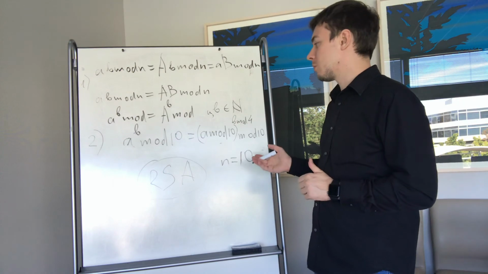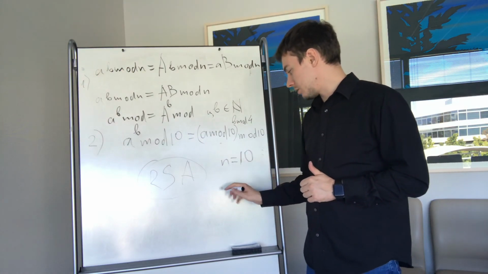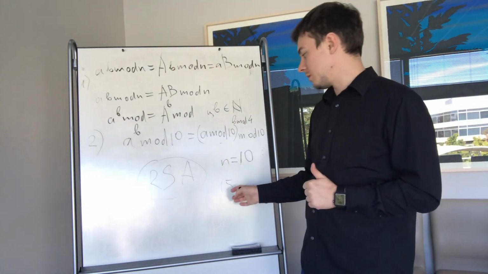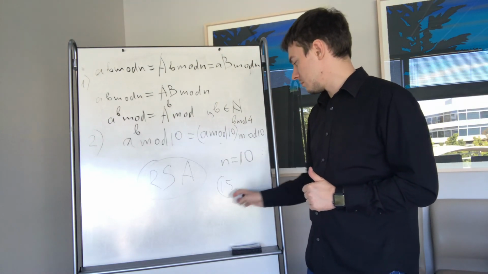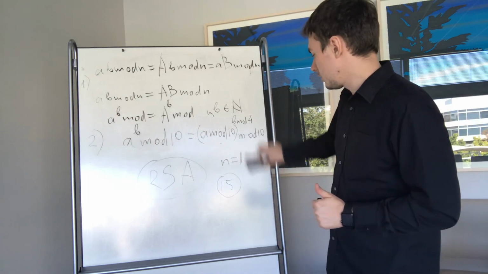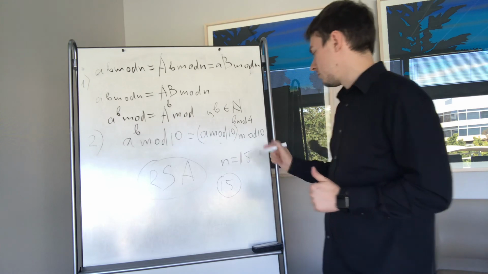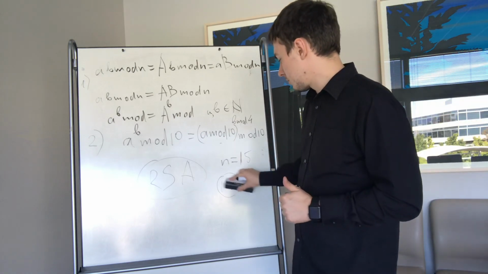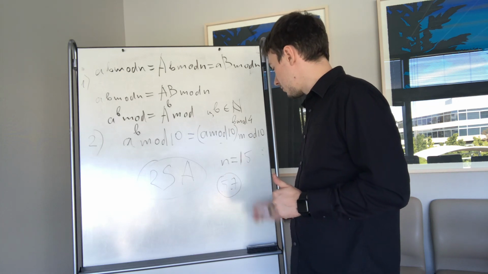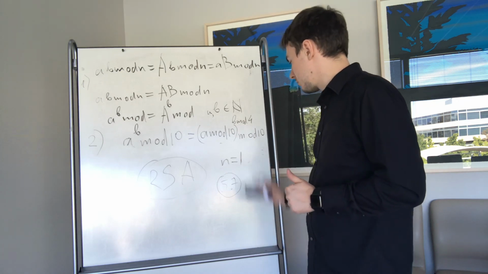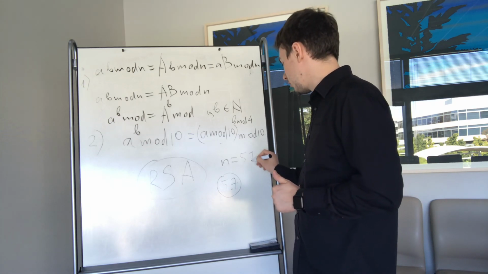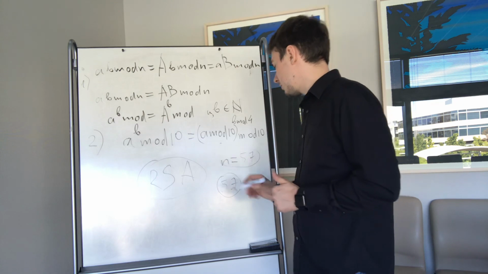If we use a numeric system with a different base, for example 57, it would be easy to prove for N equals 57.